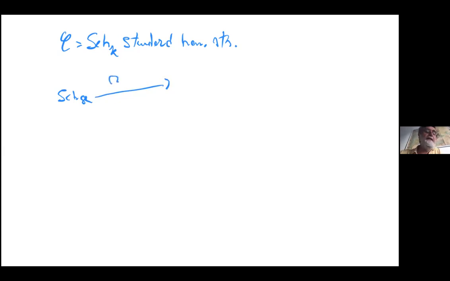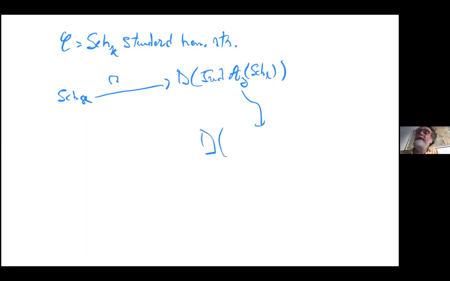This goes to the big derived category of ind of A of schemes over K. And as I said, this goes down from this one to the derived category of A of schemes.